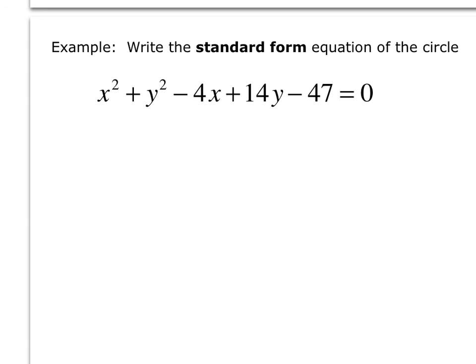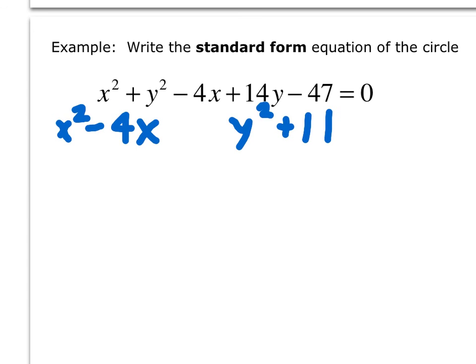First, we're going to group the x's together. So I'm going to say x squared minus 4x, leaving a little space, then y squared plus 14y, and I'm also going to leave a little space. I'm going to add that 47 to the other side here. This will allow us to complete the square not only on x but also on y.